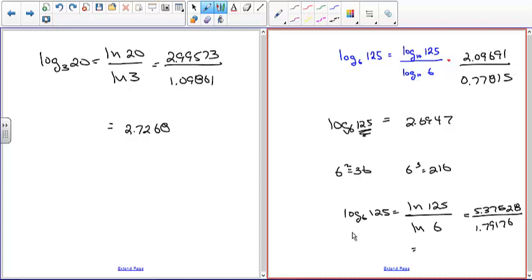Got a different answer. What did I do? Oh, because I put 216 in there. So that's wrong. Natural log of 125 is 4.8283 divided by 1.79176, and I get 2.6947.